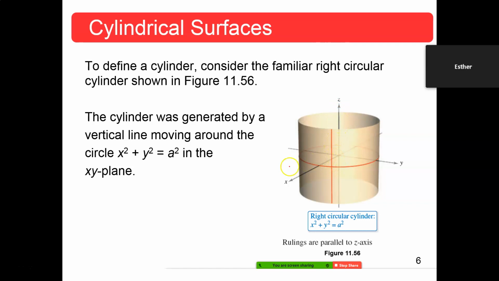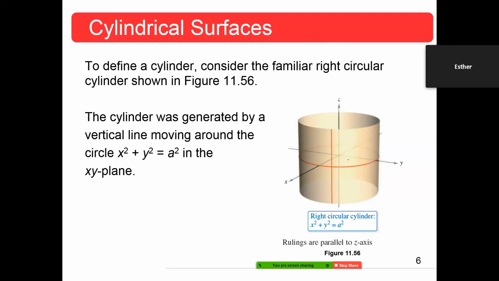So you draw your figure in the xy plane, and then imagine a line that's perpendicular to that plane and moving around that circle that you just drew, and that forms a cylinder.